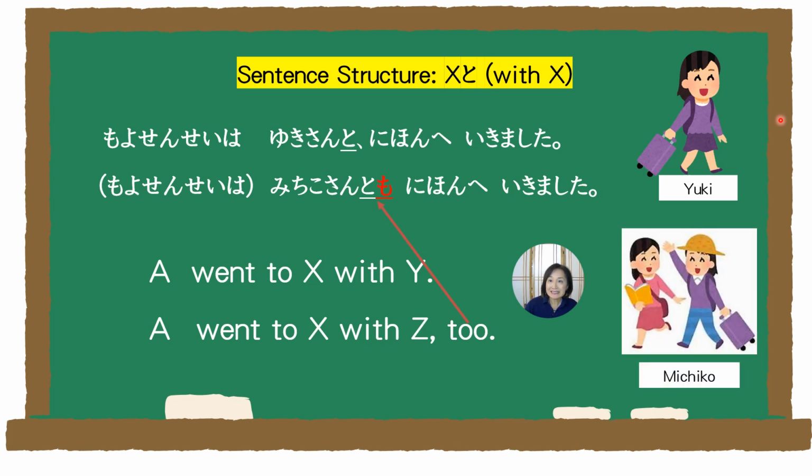In this case, we place the particle も after Michiko's name to show that I went with her too. So も comes right next to the original particle と, like this. Michikoさんとも日本へ行きました。By doing this, you're expressing that you went with Michiko as well.